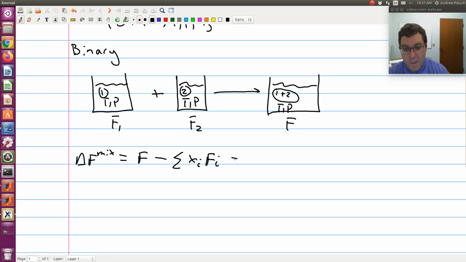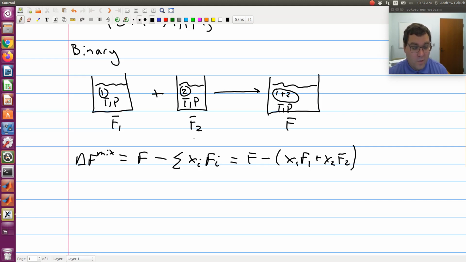So for my binary system, this would be F minus (X1 F1 plus X2 F2). So delta F of mixing is going to be F of my final mixture at T and P minus the molar average F of these two pure component beakers that I'm mixing together at the same T and P.